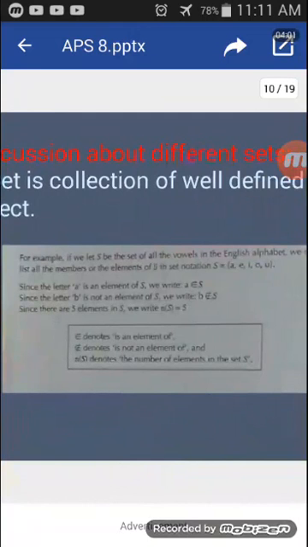You must know the vowels in the English alphabet: A, E, I, O, U. If a letter is present in the given set, then it belongs to this set. If it is not present in this set, you must write it as B does not belong to S.